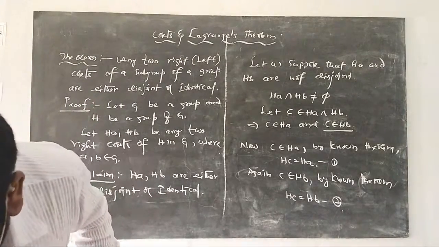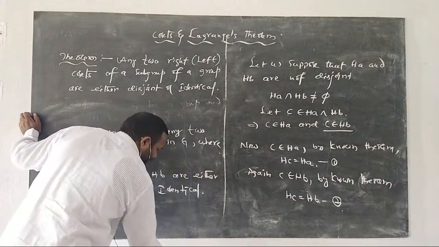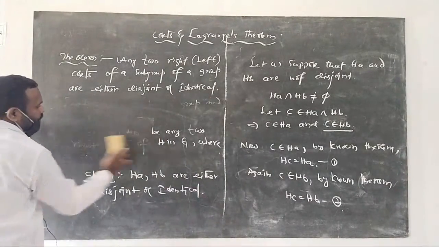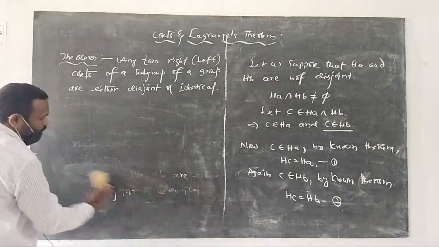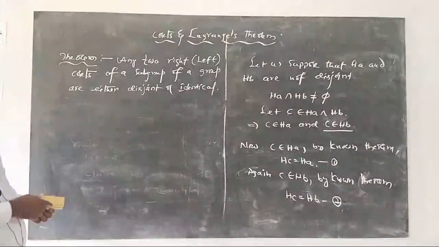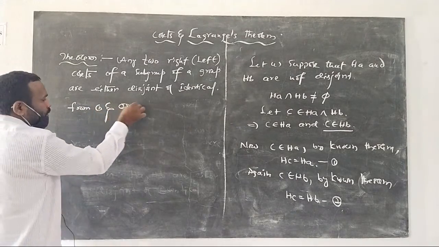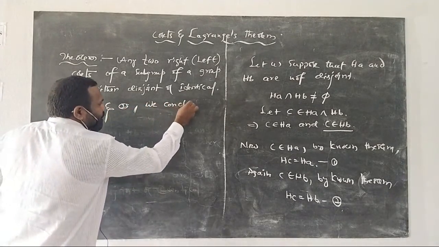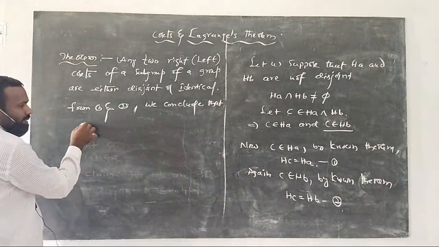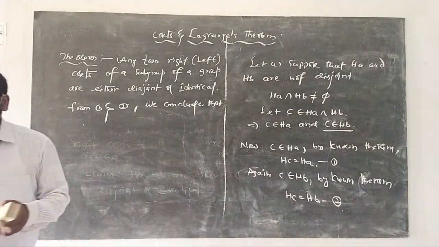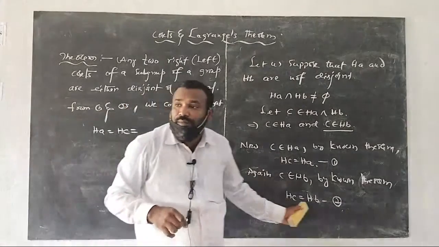From 1 and 2, what can we conclude? HA equals HC, and again HC equals HB.